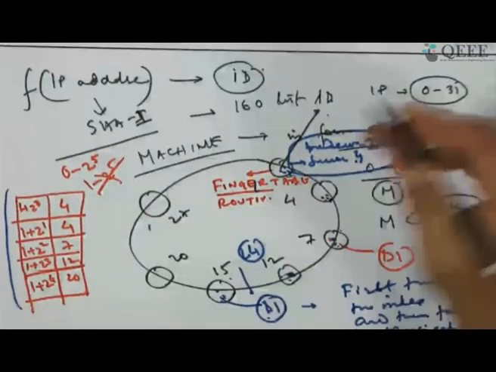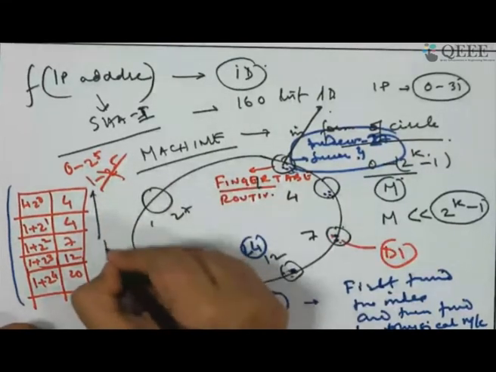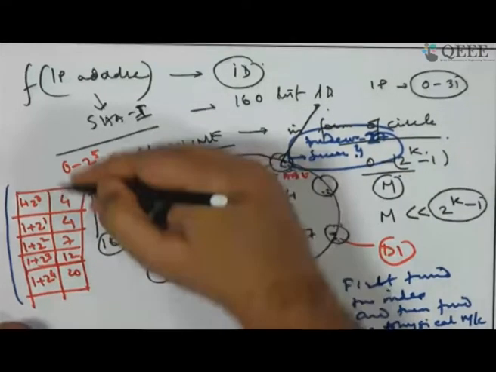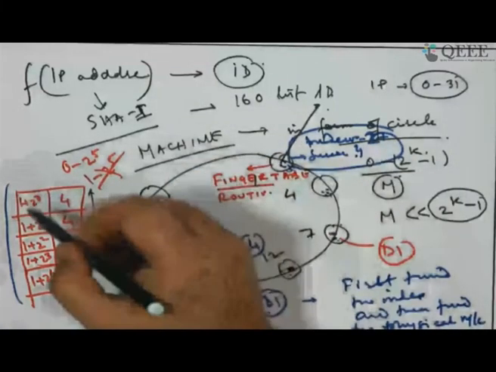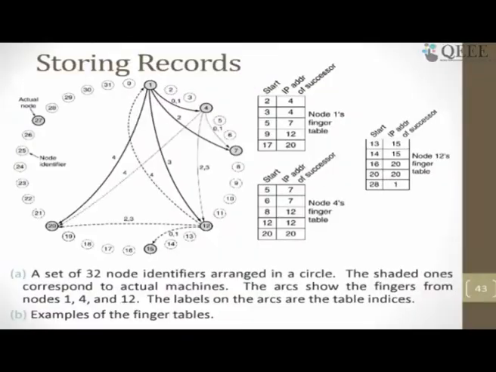So see the routing table for 14. Let us talk about 14. I know 14 is between 9 and 17.